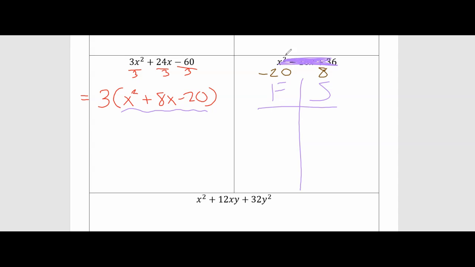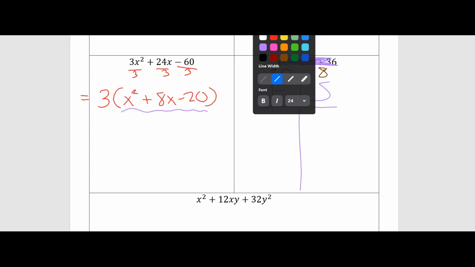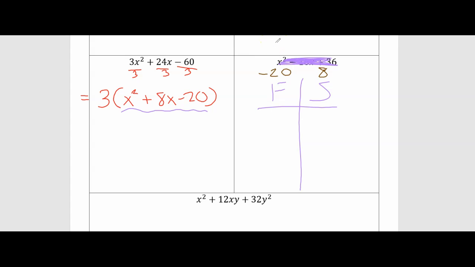Should they both be positive, both negative, one of each? What do you think? Well, to get a negative number, I need to multiply a negative by a positive, because a positive times a positive is positive. A negative times a negative is also positive. So my factors need to have different signs. All right, let's just start listing them, and hopefully we get to the right ones shortly.